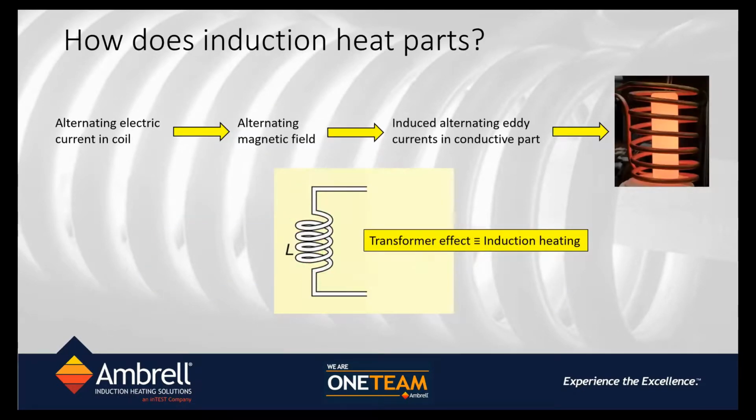The induction heating coil is given an alternating current, which means that the direction of the current in the coil switches back and forth. The switching back and forth is the frequency of the induction heating device. This is the frequency at which the parts are also going to be heated.